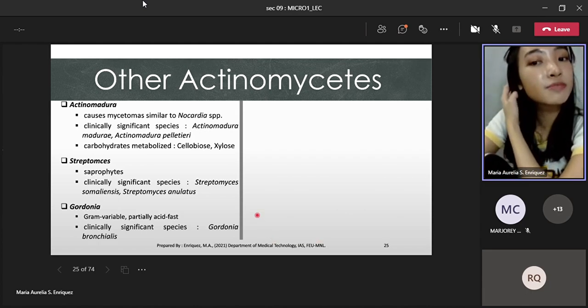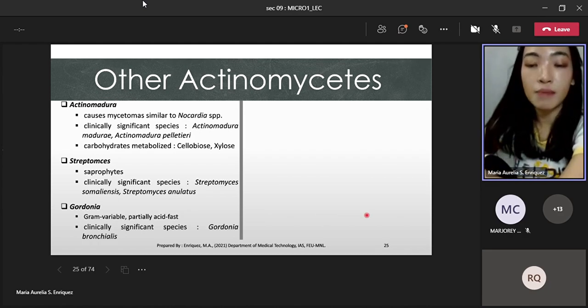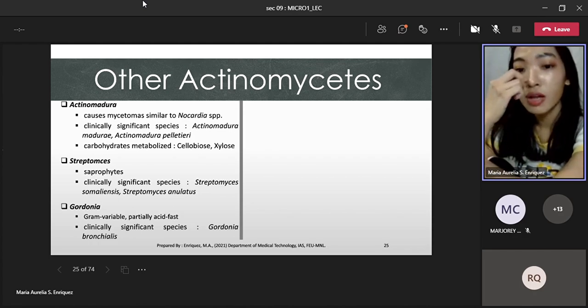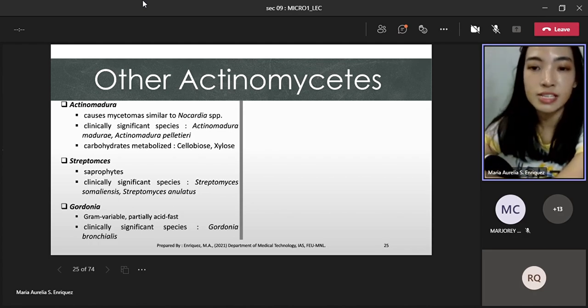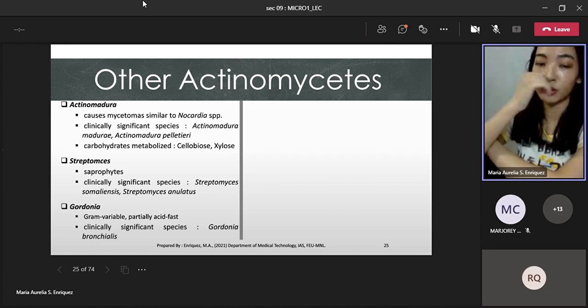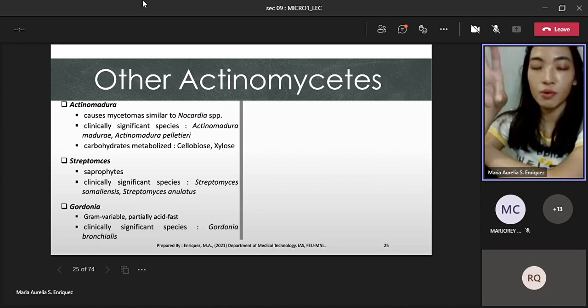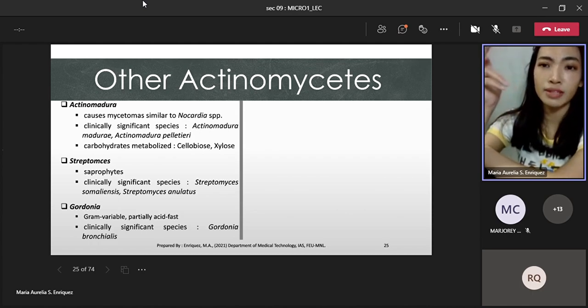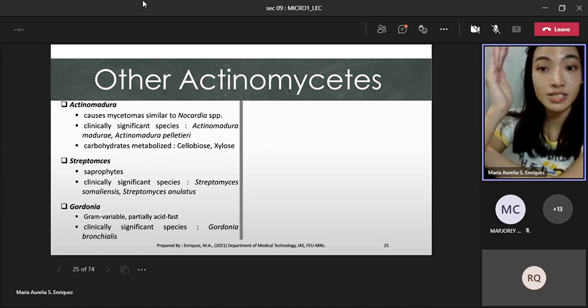Next is Streptomyces species. They are primarily saprophytes that are found in the soil or outdoor environments, and they may also resemble other actinomycetes. So isolates from the genus may need to be identified by reference laboratories. So very rare lang po kasi yung infections with Streptomyces, and usually nga po environmental contaminants lang sila because they are saprophytes.